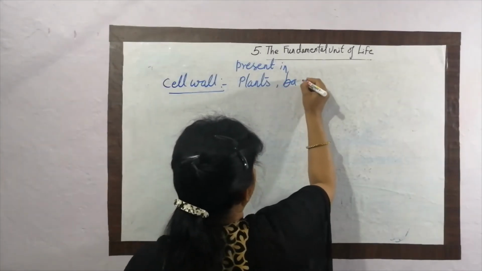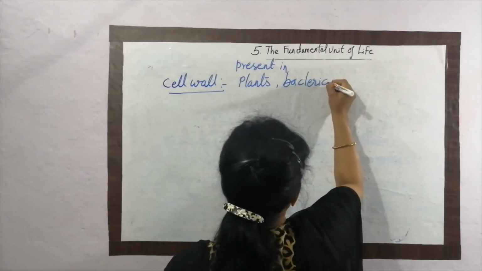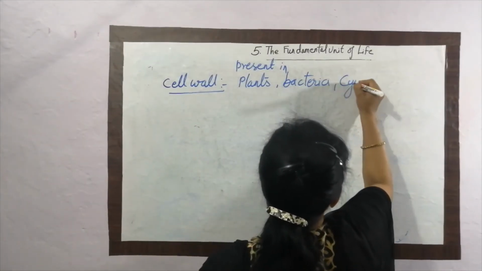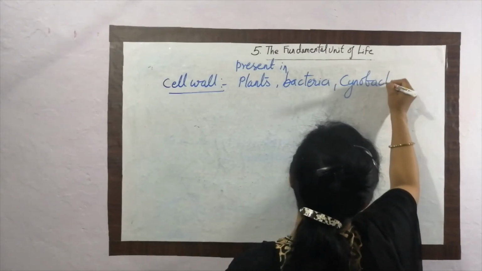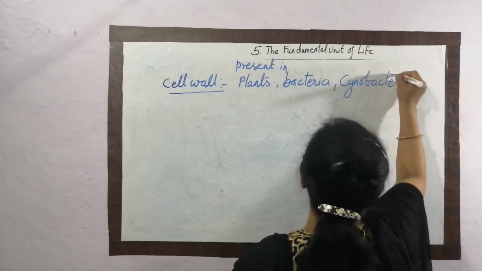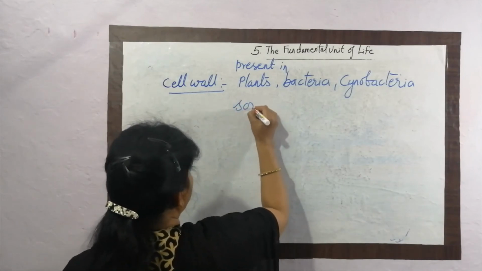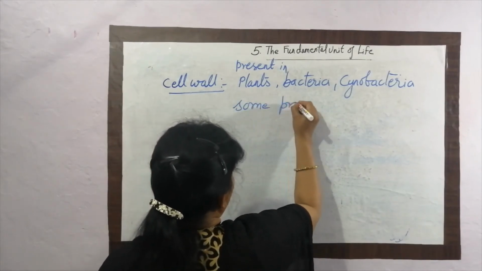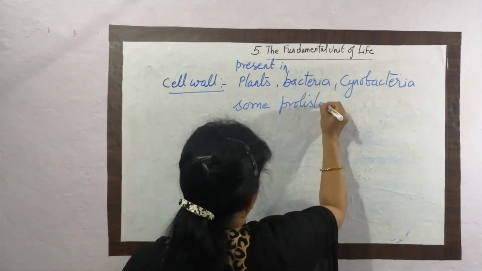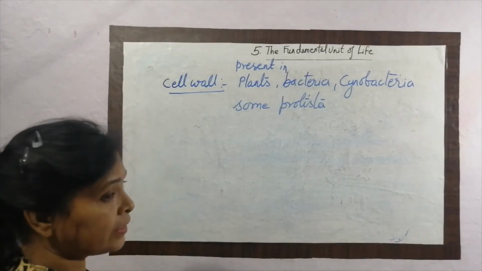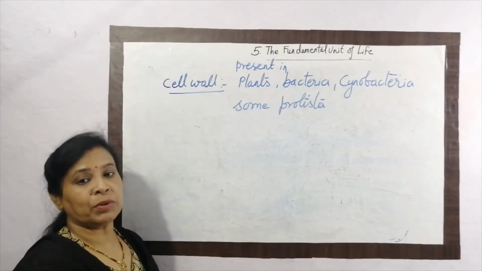जितने भी बैक्टीरियाज हैं उनके पास सेल वॉल होता है. जितने भी साइनोबैक्टीरिया है उनके पास भी सेल वॉल होता है. और कुछ प्रोटिस्टा, some protista, they also contain the cell wall. So cell wall is present in all this species. They are especially aquatic.